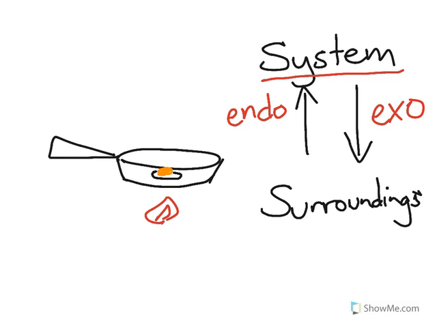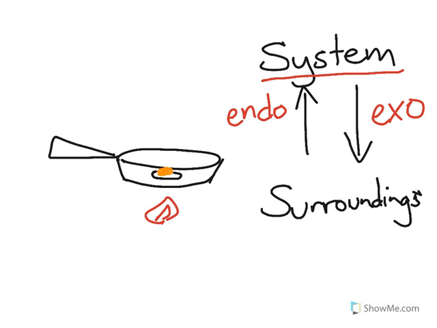Okay. Think about it like this. If I've got a pan on a stove, and I'm cooking an egg on the pan, and the stove happens to be on. If the egg is the system, then everything else would be the surroundings. If you ask the question, if the egg is a system, is this endothermic or exothermic?